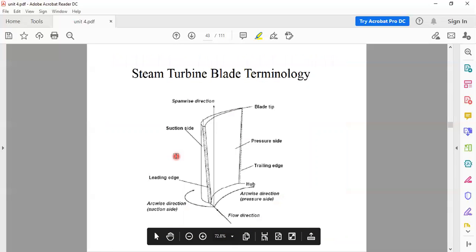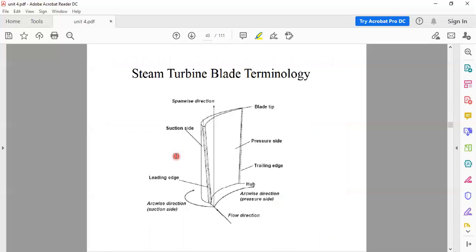Steam turbine blade terminology. This is not in the syllabus, but for our knowledge, we have seen this part, steam turbine blade terminology.